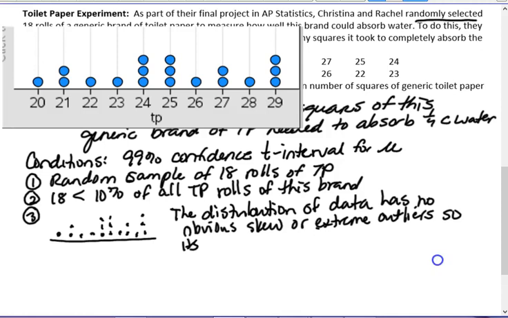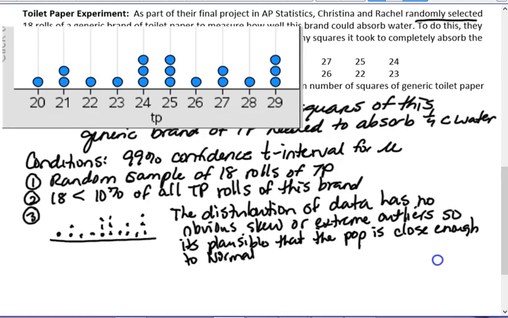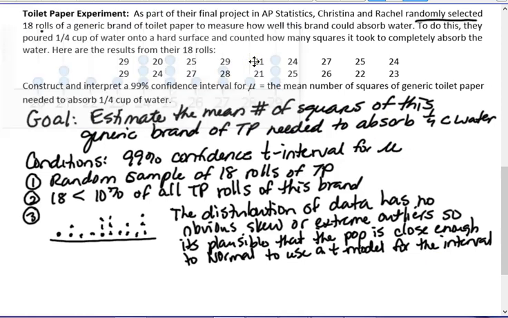So it's plausible that the population is close enough to normal to use a t-model for the interval. Basically, I'm looking for something to stop me, not for something to totally convince me. Okay, so I'm going to get rid of that now.